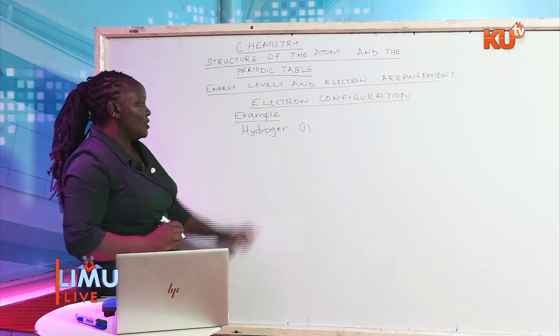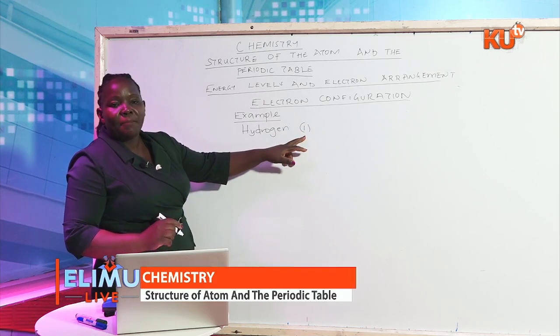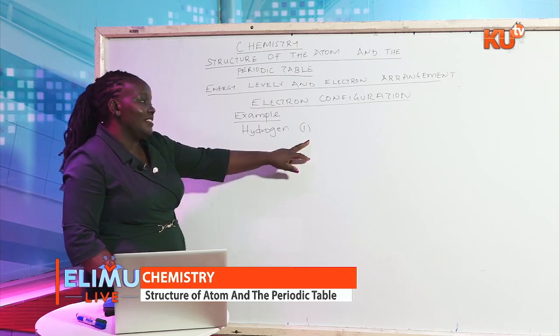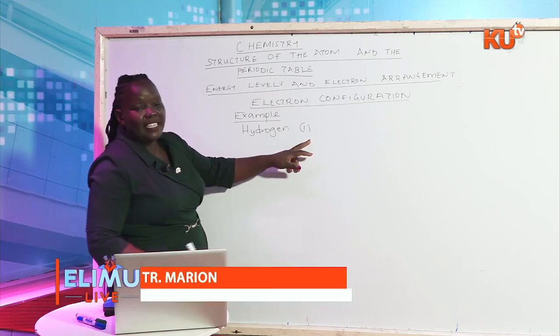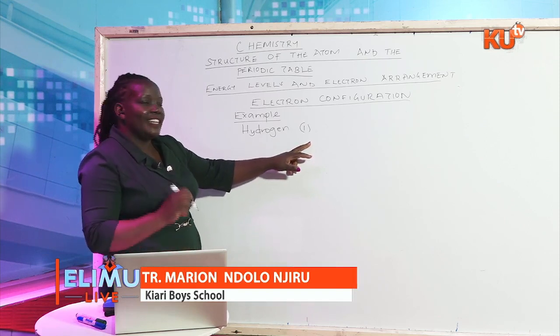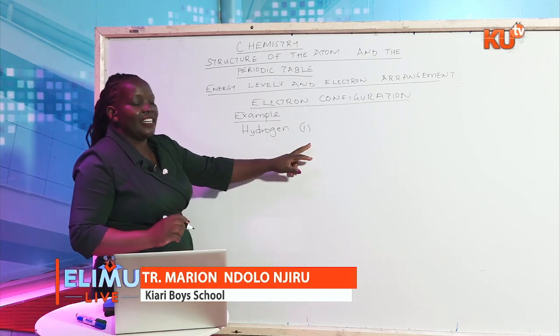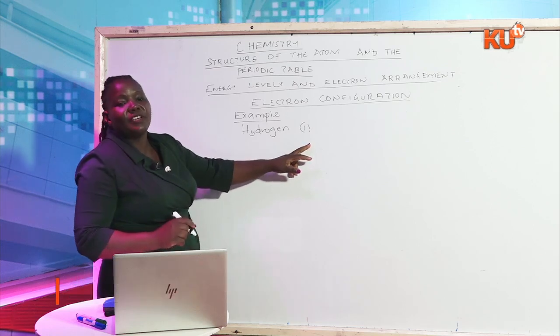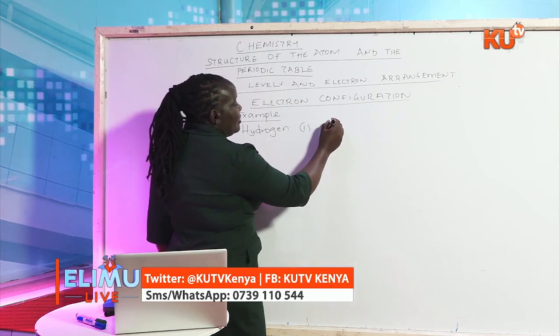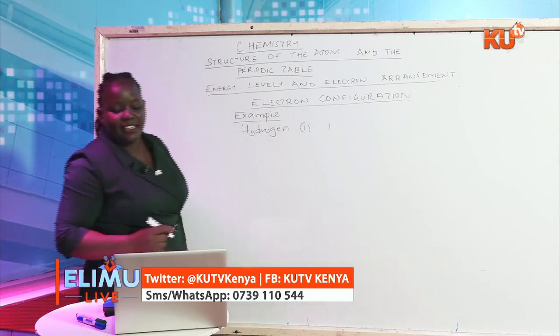So because hydrogen is atomic number 1, it means that its atom has 1 electron. That 1 electron will be carried in the first energy level because it has only 1. So the electron configuration of hydrogen will be 1.